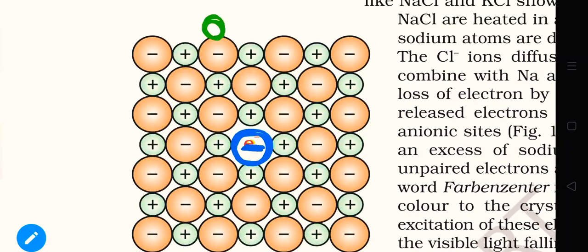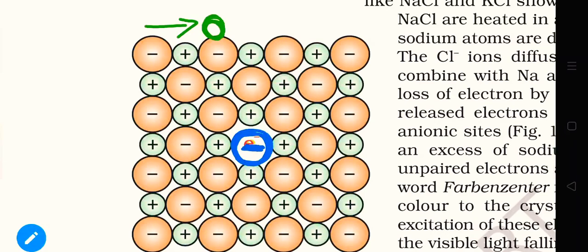Now to neutralize the balance created on the surface, Cl will diffuse to the surface. That means a Cl ion present inside the bulk will move to the surface and try to balance this positive ion. How will this situation occur?